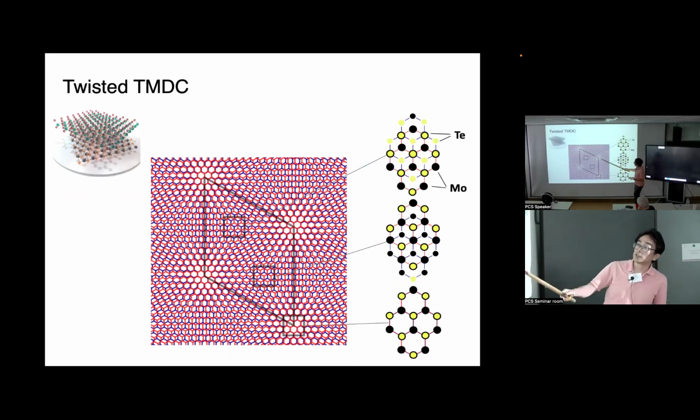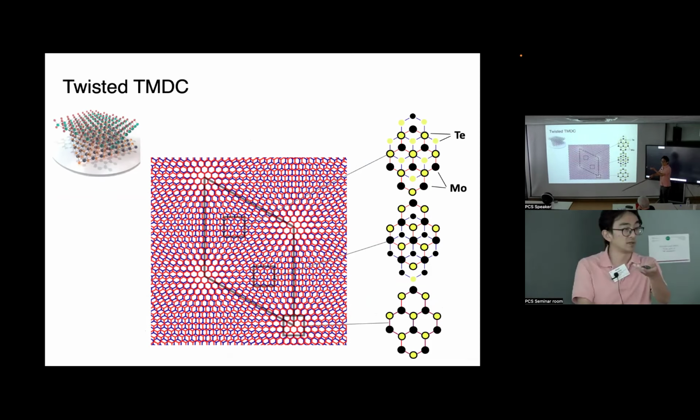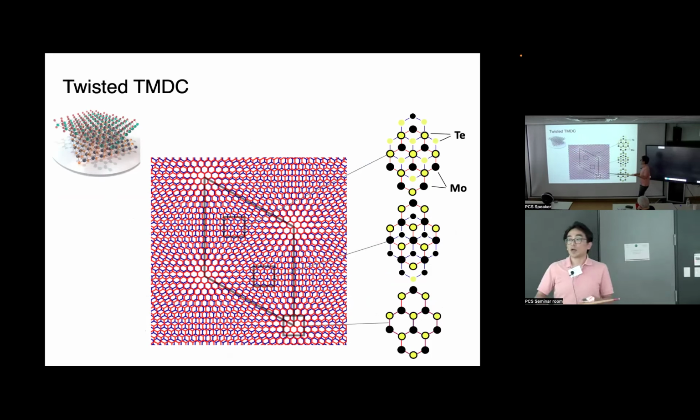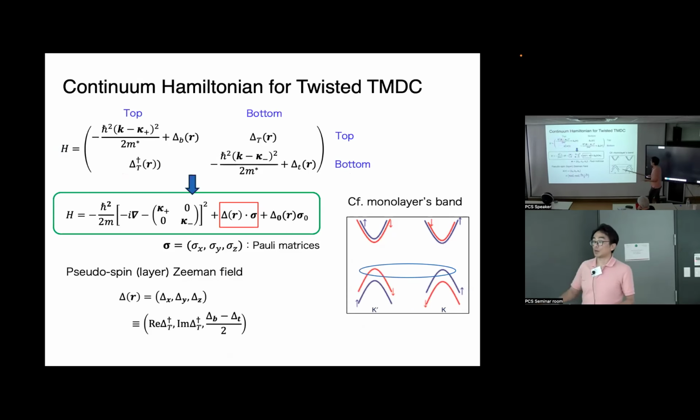If you consider the local band structure of this stack, this stack will be different. You can calculate this local band structure, and it turns out the gap size is actually different compared with the other stack. So if you have everything in one system, then you have this band topology moving up and down slowly depending on the position.